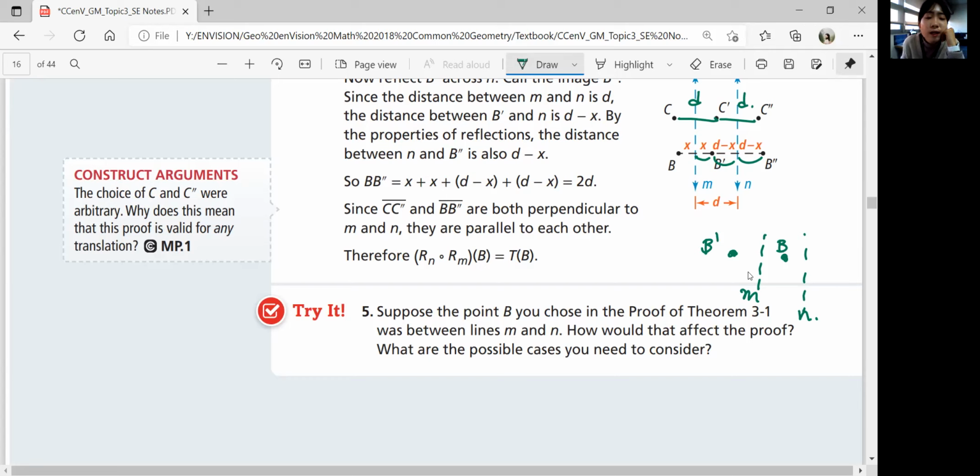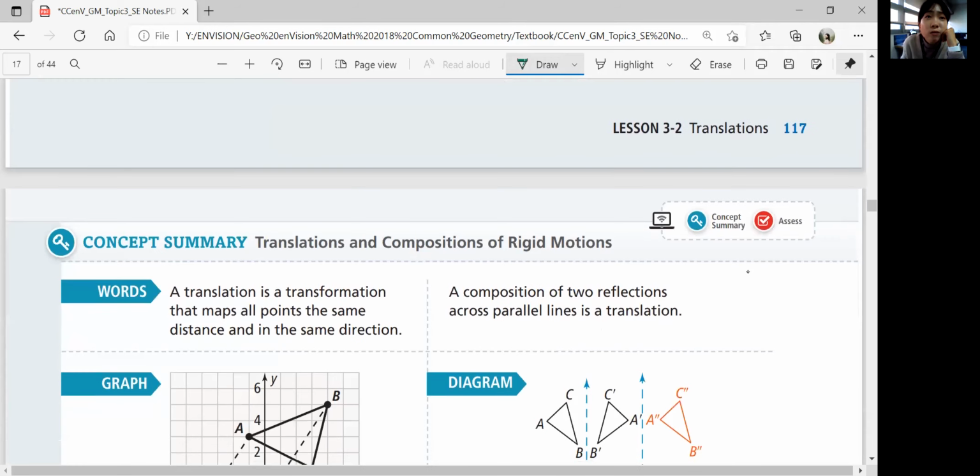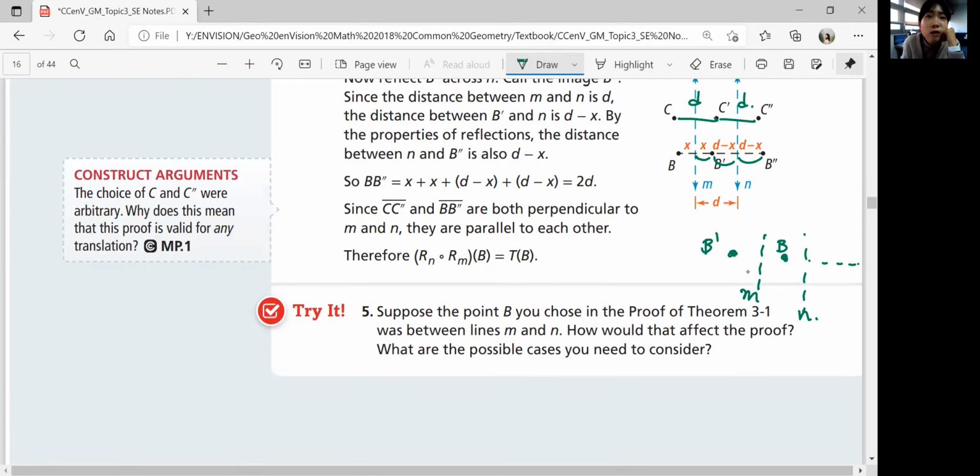And then when you reflect B prime across N, that means you need to go further away. So you should have a point further away from line N. The image B prime prime is the distance D plus X, right?